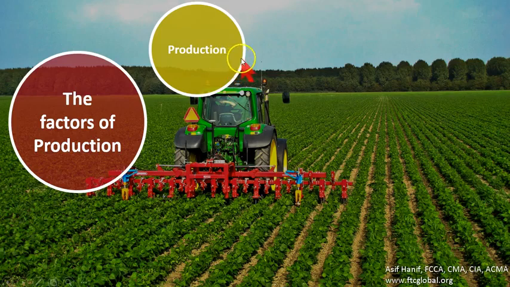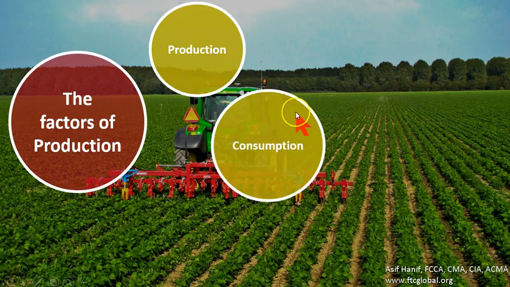So production is a process of combining various inputs in order to make something for consumption. And by the way, what is consumption? Consumption is the usage of goods and services by households. So production is the act of taking in inputs and producing some good or service, and consumption is usage of those goods and services by the household.